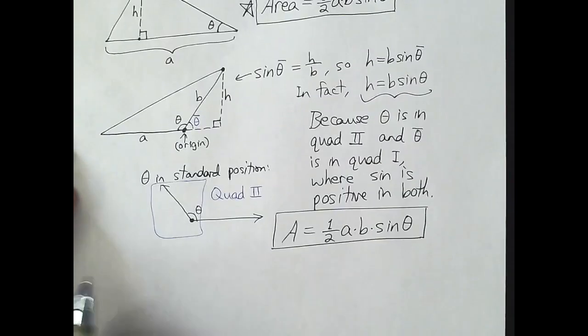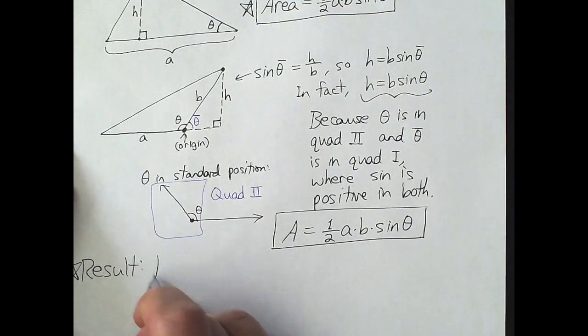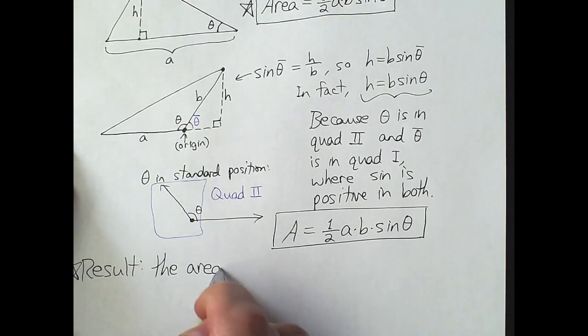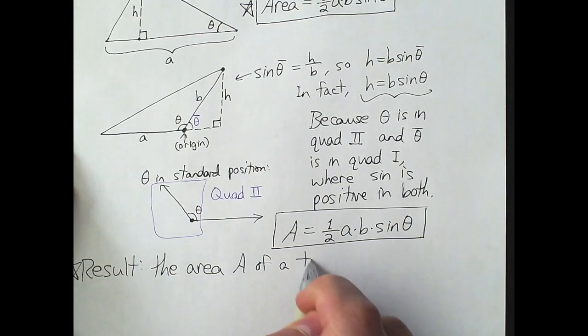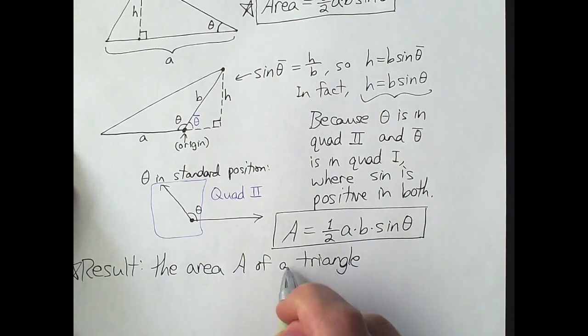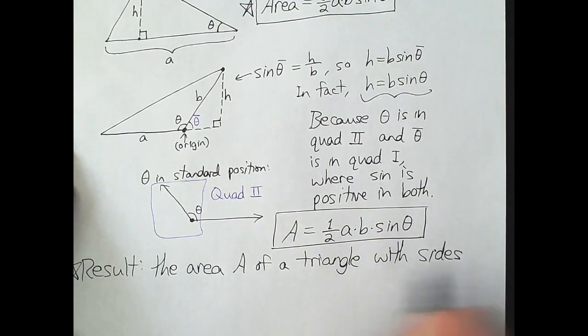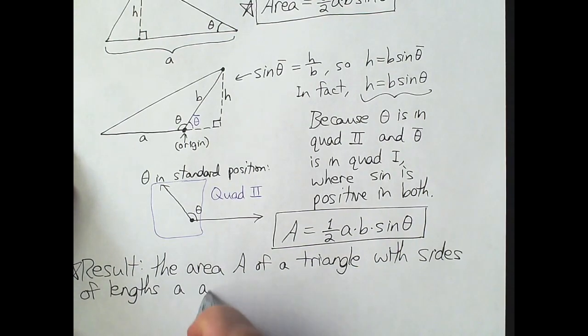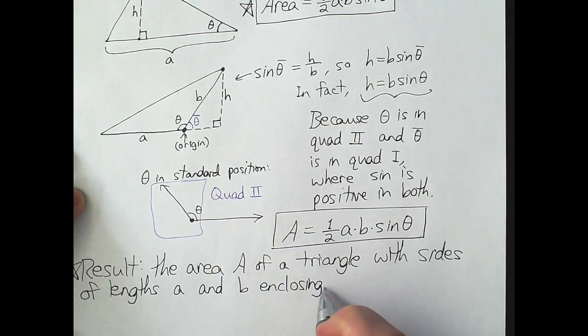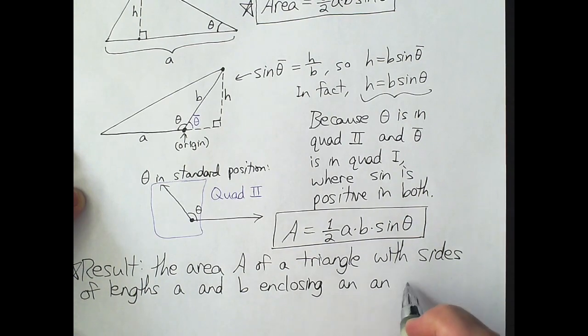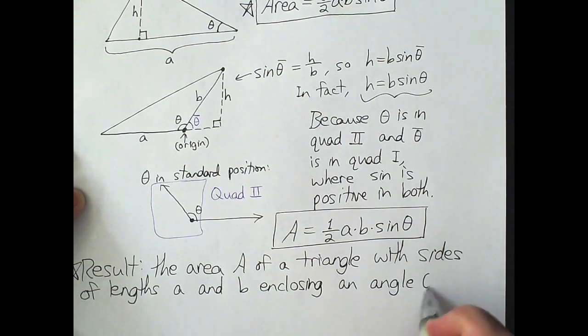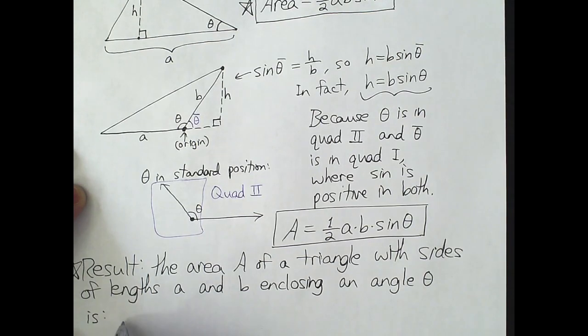All right, so let's write the result to be clear about it. The area, A, of a triangle with sides of lengths A and B enclosing an angle theta is this formula.